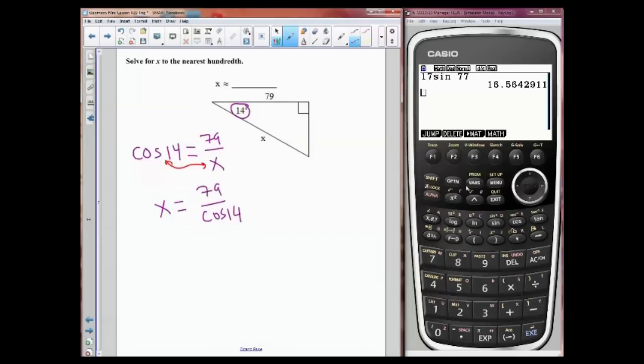Put that in the calculator. So we have 79 divided by cosine 14, and you have 81.41, which makes sense because my hypotenuse better be longer than 79. So x is equal to 81, and we're rounding to the nearest hundredth, so 81.42.